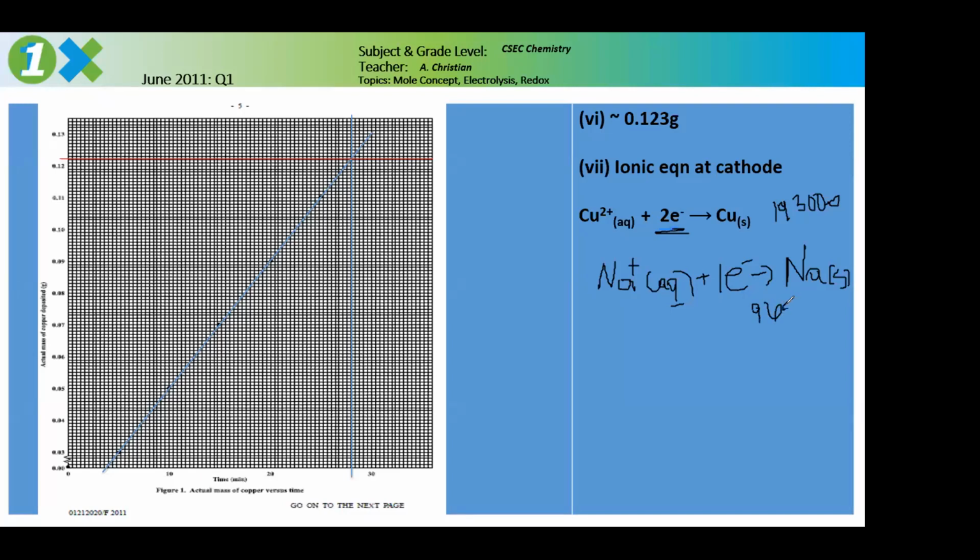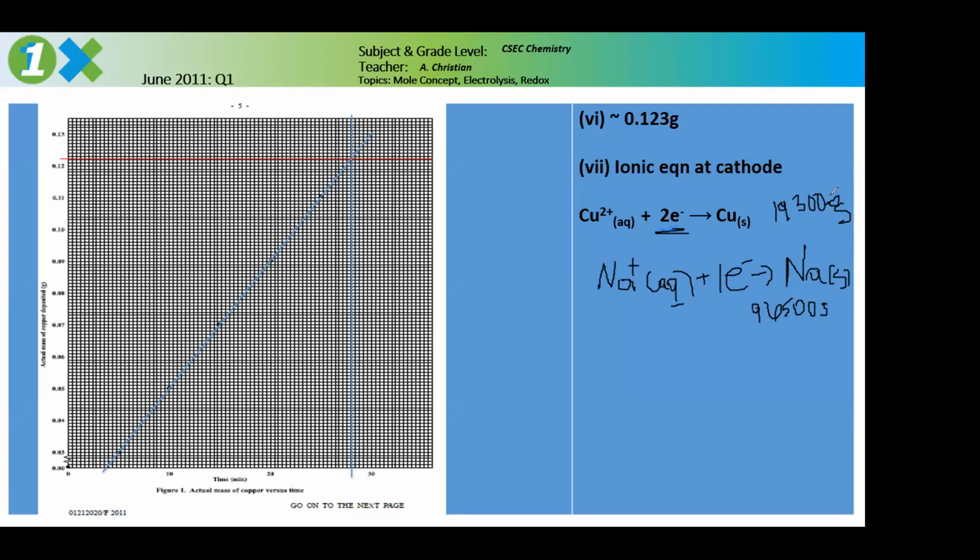So, sir, would it always move from aqueous to solid? In a reaction like this, yes, electrolysis, because electrolysis only occurs in 2 ways. You're either going to have an ionic solution or you're going to have a molten solid. For example, a popular common molten solid would be lead bromide.